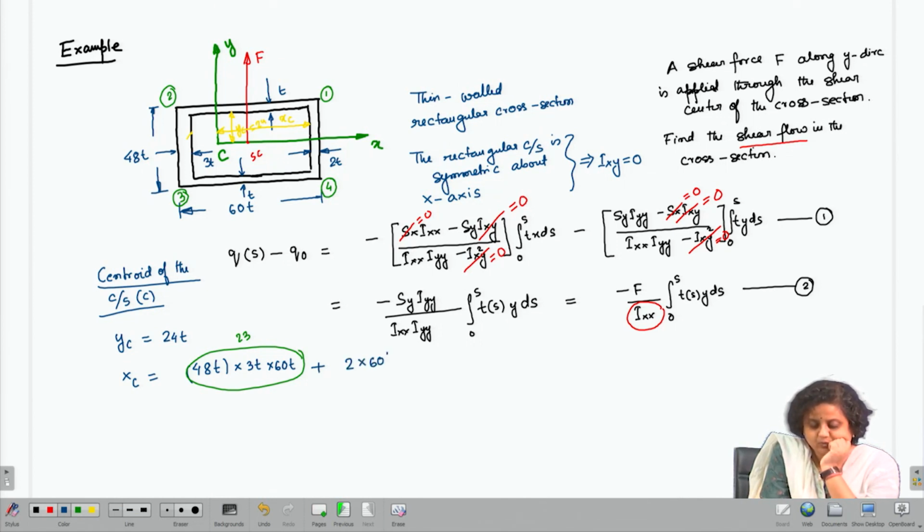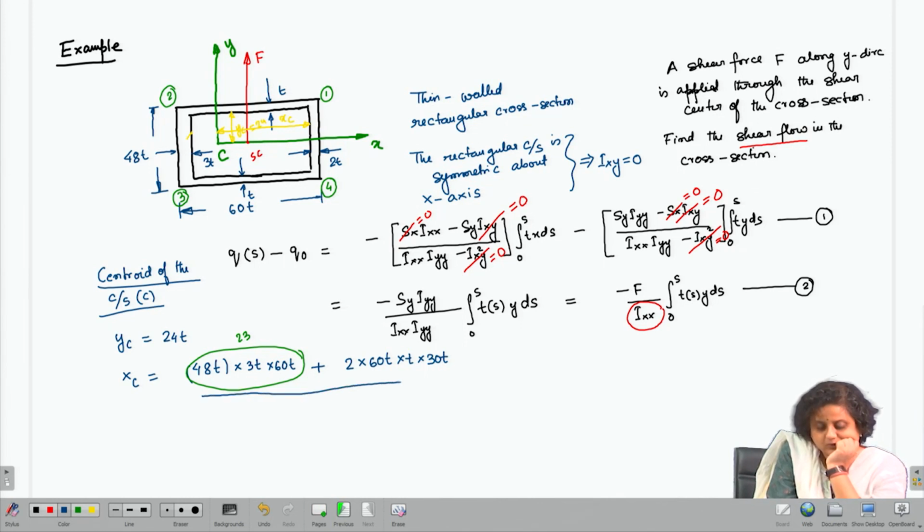I will have 2 into 60 t into t into 30 t, divided by the total area, which is 2 into 60 t square plus 48 t into 3 t plus 48 t into 2 t.